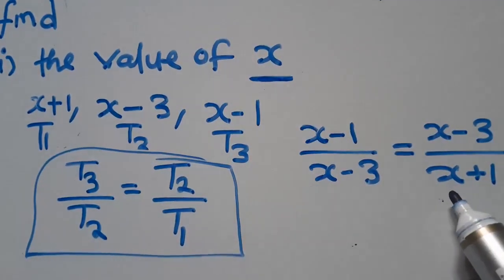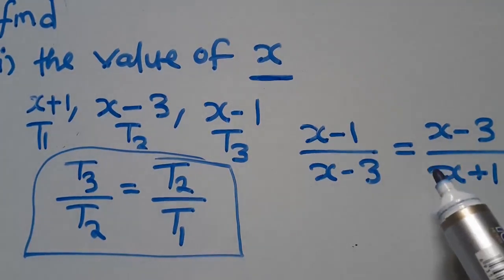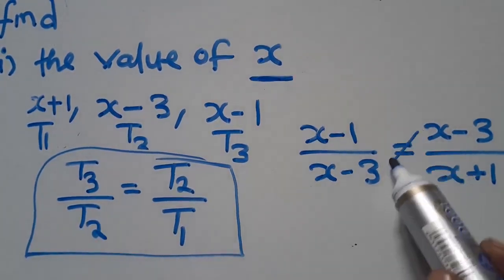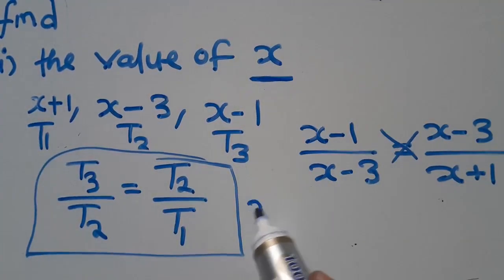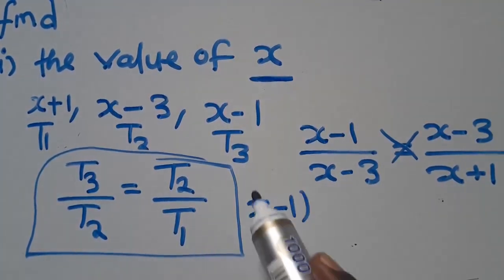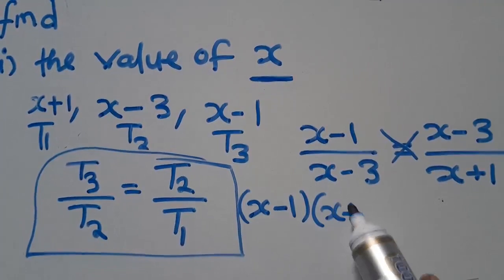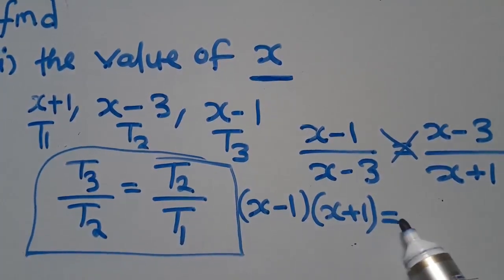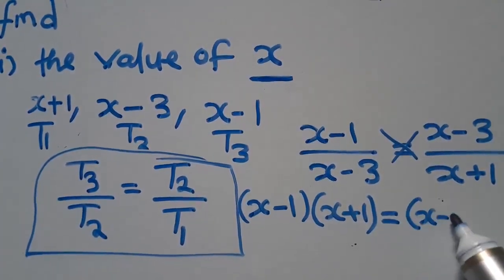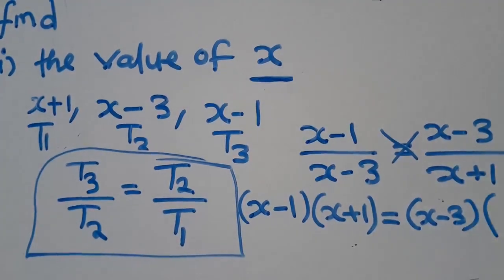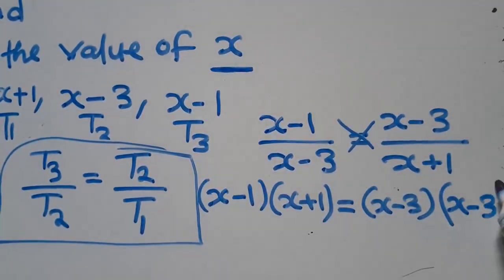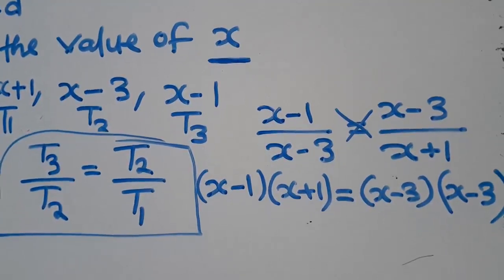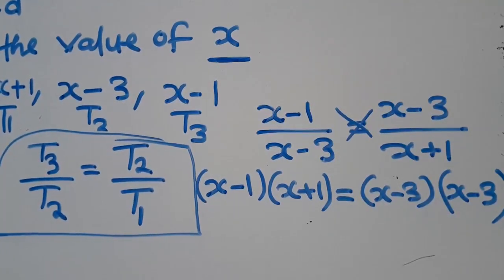With this, you want to find the value of x, so you cross multiply. Meaning the x minus 1 will go with x plus 1, which is equal to x minus 3, then we've also got x minus 3. This is what you are supposed to know.